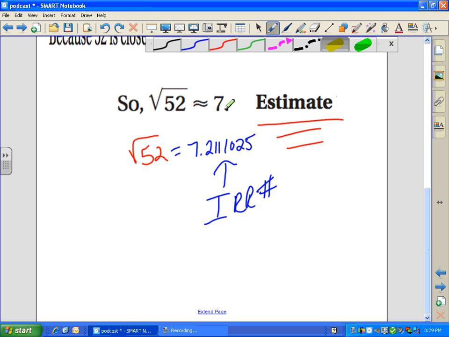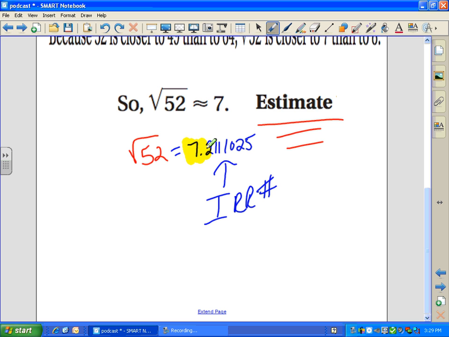And you could ask yourself, if I'm thinking of money, is $7.21 closer to $7, or is $7.21 closer to $8? $7.21 is definitely closer to $7. That's why we estimate it to be 7, not 8.